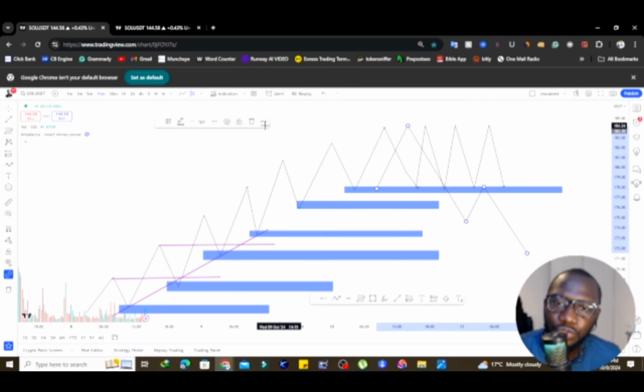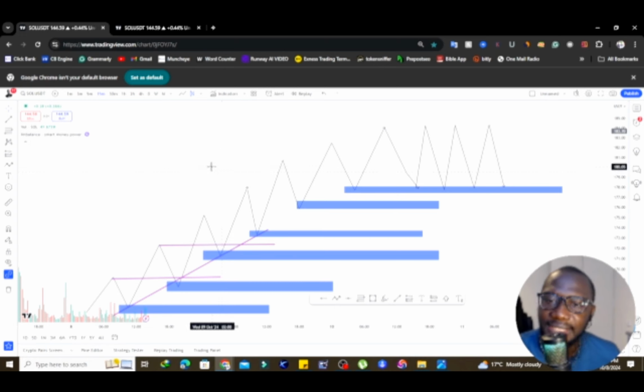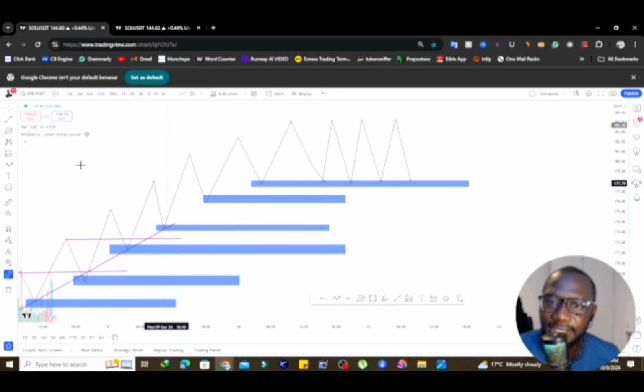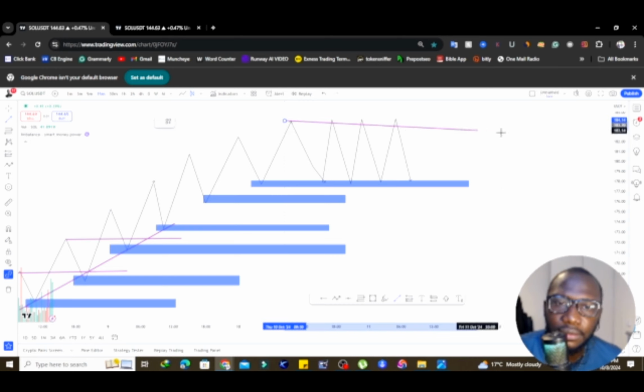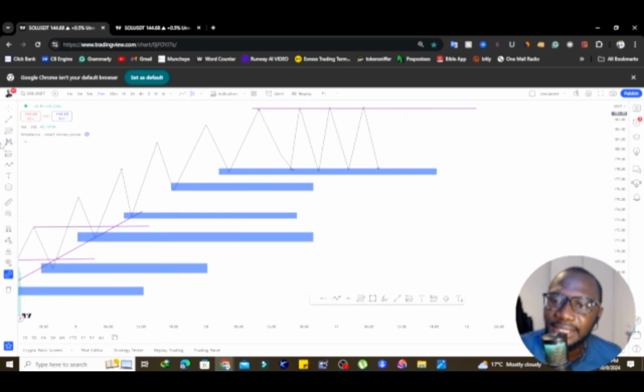So market structure basically is the market is either in an uptrend, in a sideways trend, you can call this a sideways trend, a range, or a consolidation, or the market is in a downtrend. If the market is going to be in a downtrend, what happens?